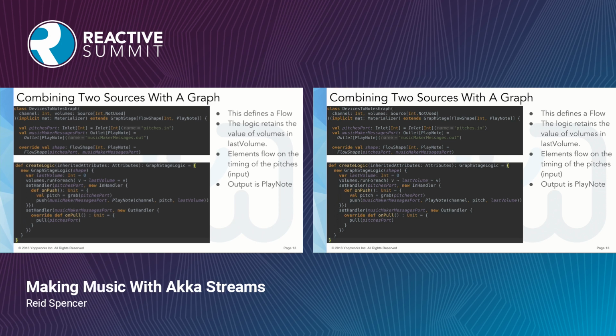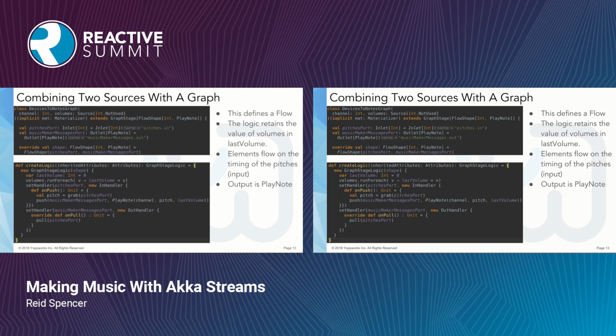So we've got an inlet there, which is the pitches port, and a Music Maker messages port, which is the outlet. Okay, it's an outlet that produces play note. It's an inlet of integers. So this is how you get the declarations for the input and the output.